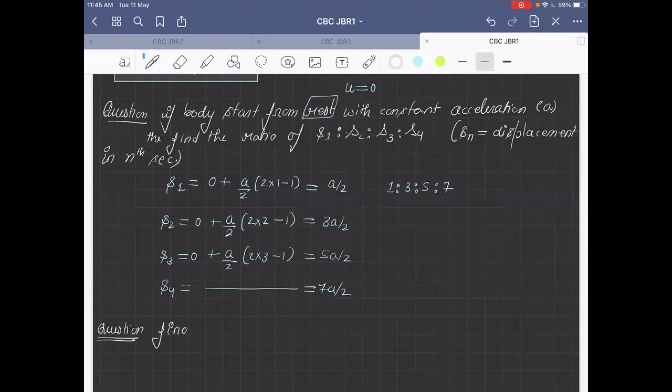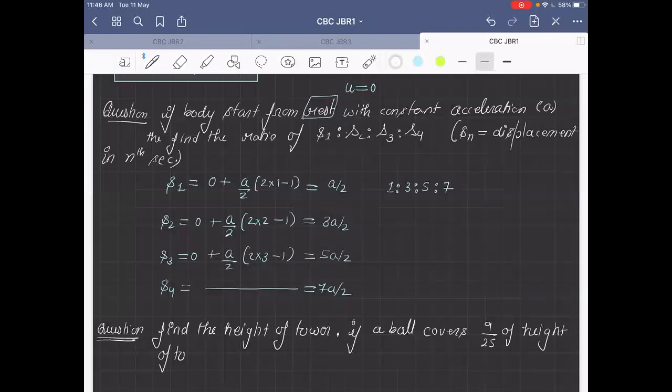Find the height of the tower if a ball covers 9 by 25th of the height of the tower in the last second of its free falling motion.